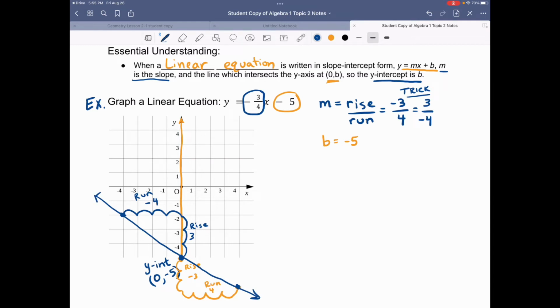But because it goes off the graph, it's better to do that trick where we go backwards. So you can take your rise over run in either direction. Just make sure that since this is a negative slope, the slope is negative 3/4, our line should be going downwards this way. Negative slopes go downwards.